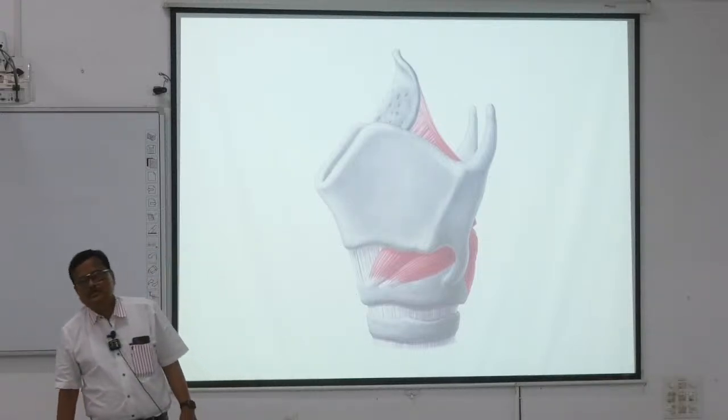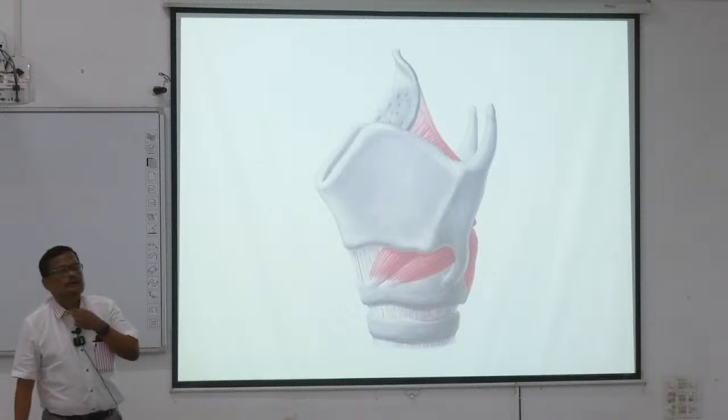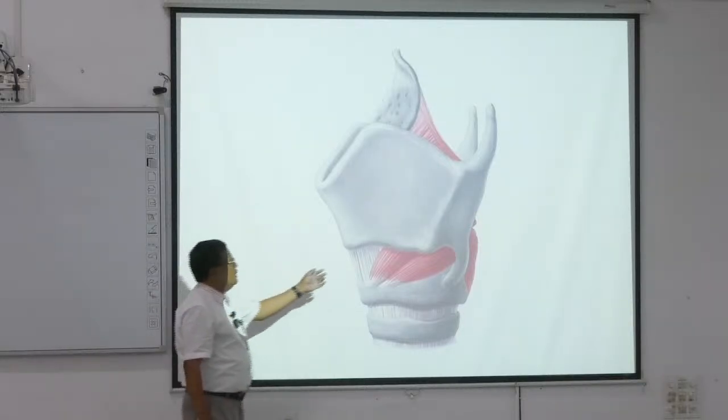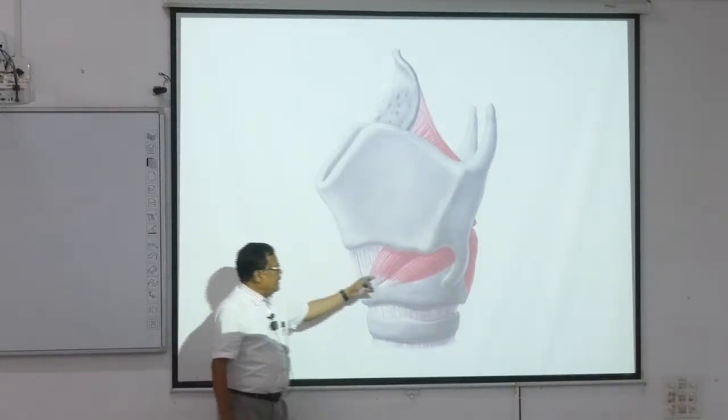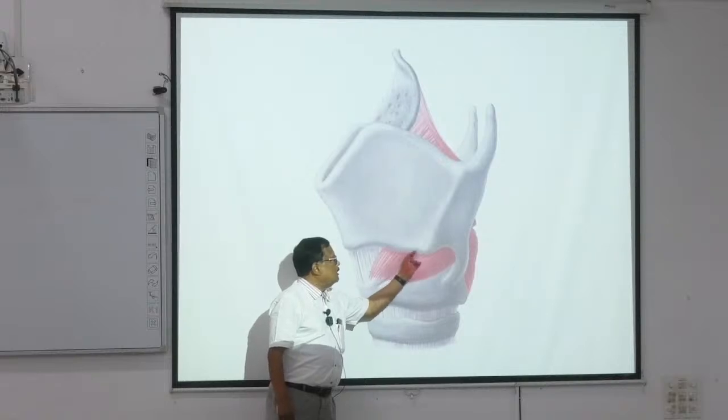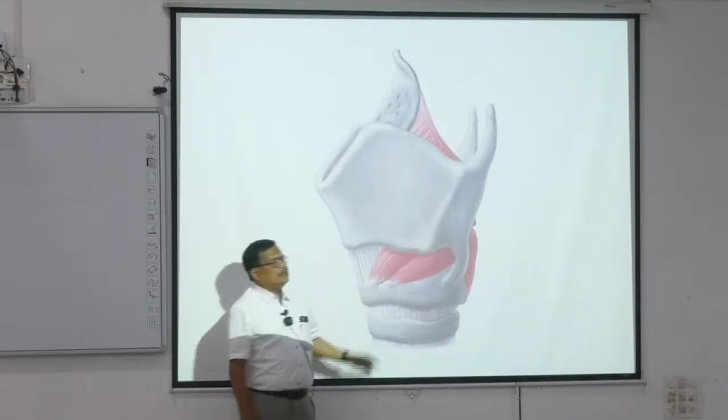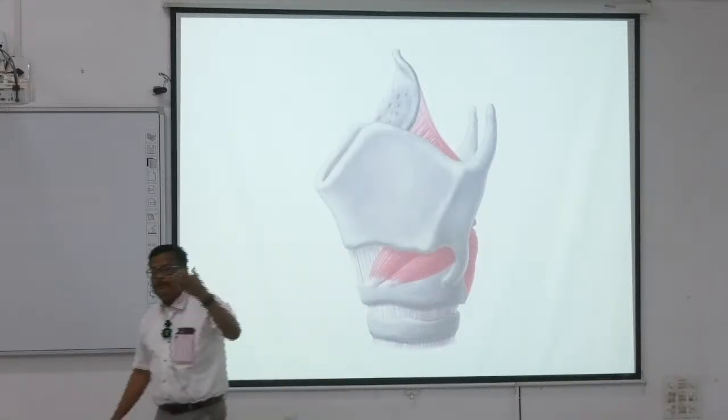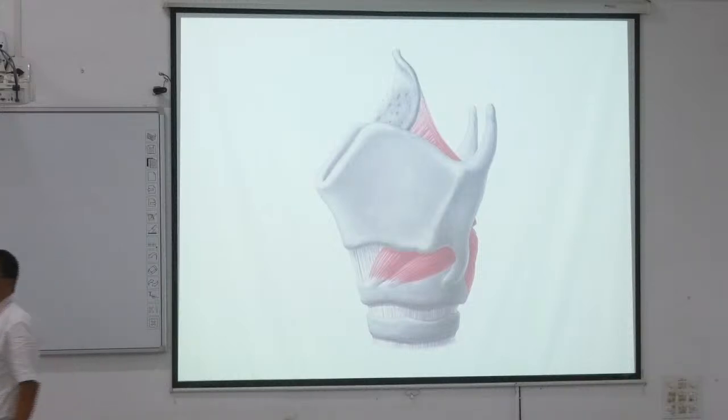Conus elasticus, midline. It has side view dekcho, midline. And in the rest of the inside lower border, another membrane-like ligament is attached. We call it lateral cricothyroid ligament or cricovocal membrane.